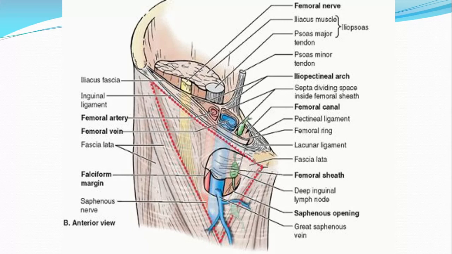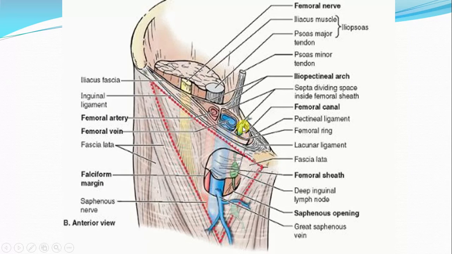This cross section shows the structures coming from above also. In this diagram, you are seeing that in the most medial part is the femoral canal, then lateral to it is the femoral vein, then lateral to it is the femoral artery, and here is the boundary enclosing them, that's the femoral sheath.